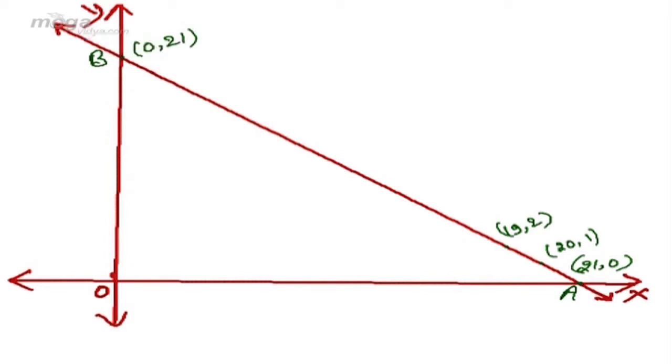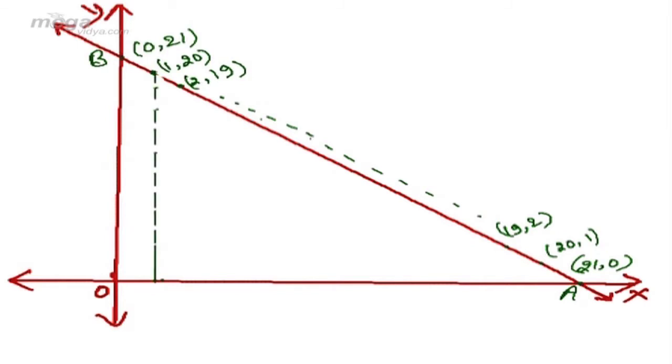On this side it will be (1, 20), (2, 19) and so on. In this way it will move. Now student, we will draw a line parallel to the y-axis. We will draw another parallel line from (2, 19). In the same way we will draw from (3, 18) and so on.